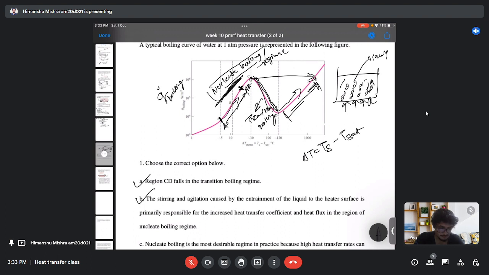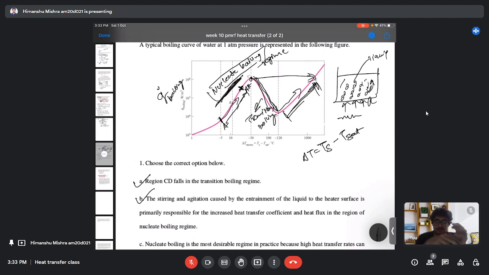In the region beyond it, we usually avoid it because the breakdown of my system usually happens due to the high temperatures. My platinum wire, or whatever system I'm using to produce heat, will break down because it will reach its melting temperature. And also the transition region is very difficult to attain in the experiment.